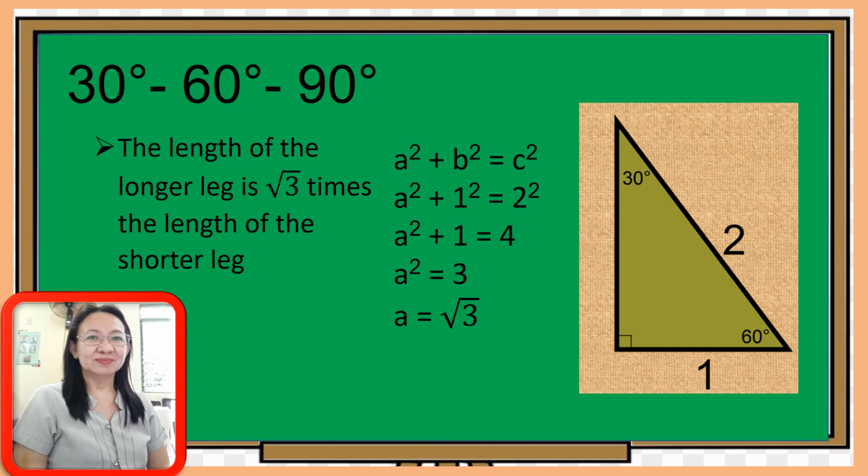So the square of 1 is 1 and the square of 2 is 4. Then, by addition property of equality, 4 minus 1 is equal to 3. And getting the square root of both sides, the value of a is square root of 3. So we're going to use the formula: the longer leg is equal to the square root of 3 times the shorter leg.